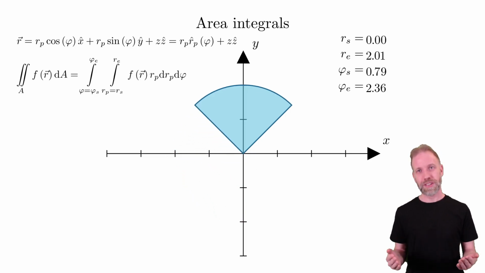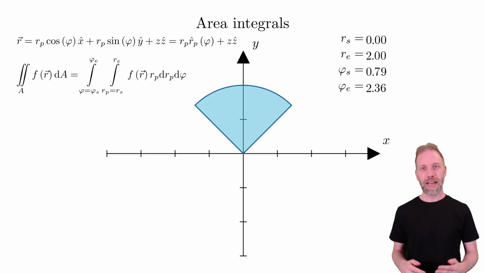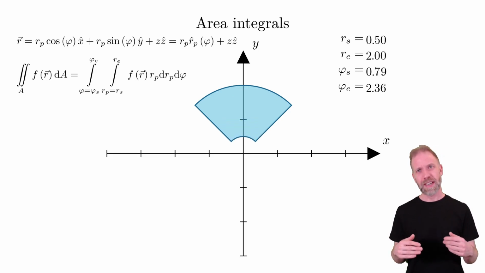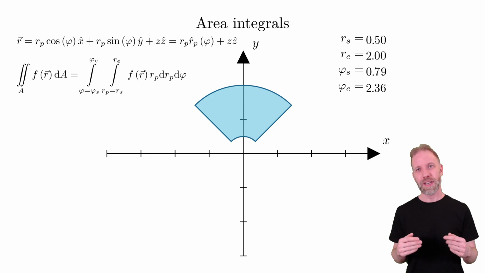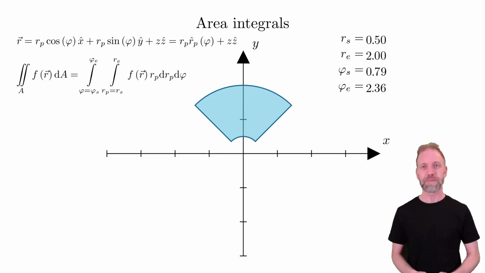We can also vary the radial limits, start with the upper limit and the lower limit. These animations illustrated the shapes that we can create with polar coordinates with only constants as limits. It is likely that most of the times you do integrals in polar coordinates, it will be one of these cases.